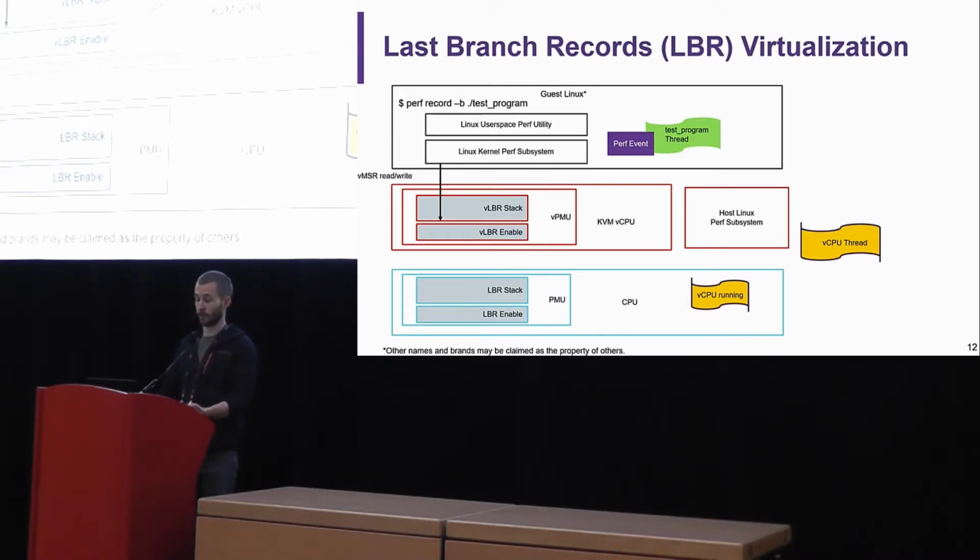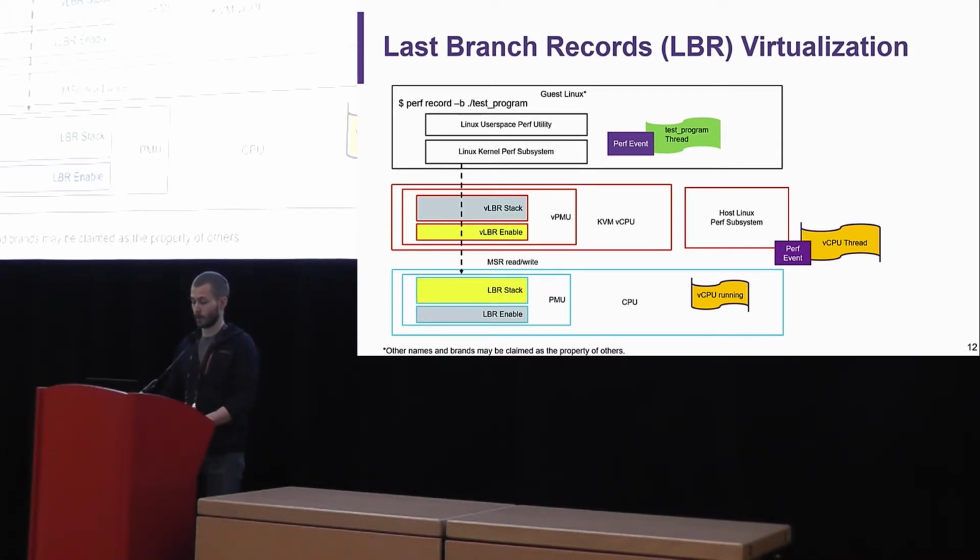We intercept that in KVM, note that LBRs have been enabled, and we still create a perf event. The reason we do this is to aid in the context switching. Because we have all these MSRs that have IP addresses in them, we don't want to expose those to the guest. So we need to context switch when we're transitioning between guest and host.